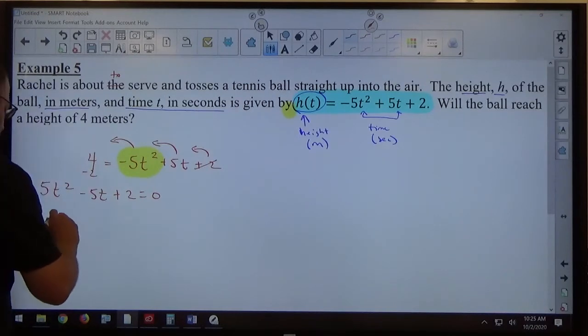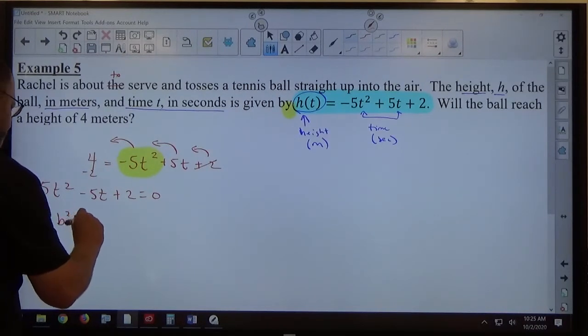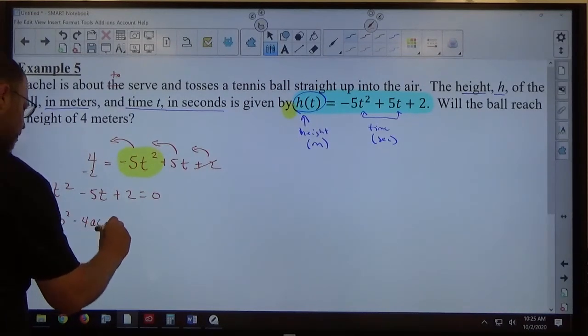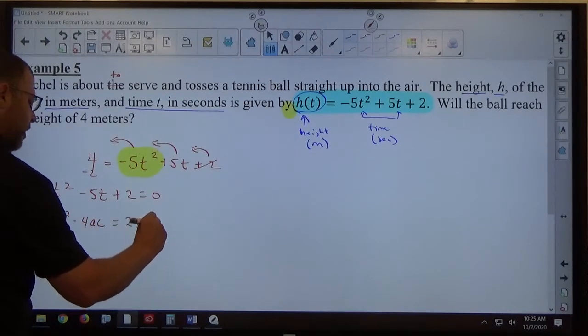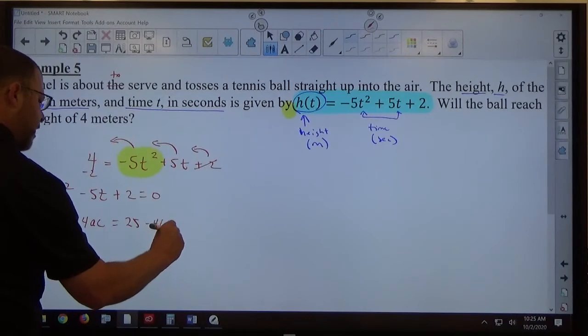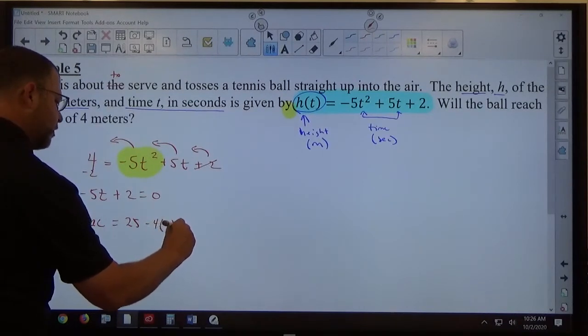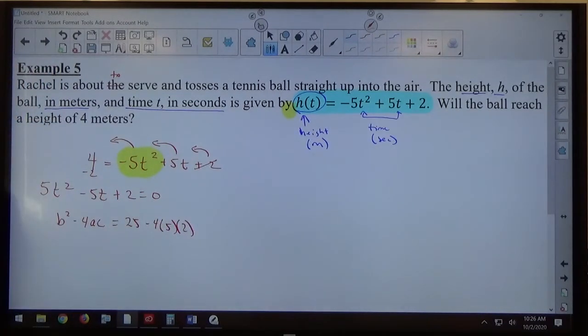So if I go with my b squared minus 4ac technique, that's going to equal negative 5 squared, which is 25, minus 4 times a, 5, times c, 2. Again, a is equal to 5, b is equal to negative 5, and c is equal to positive 2.